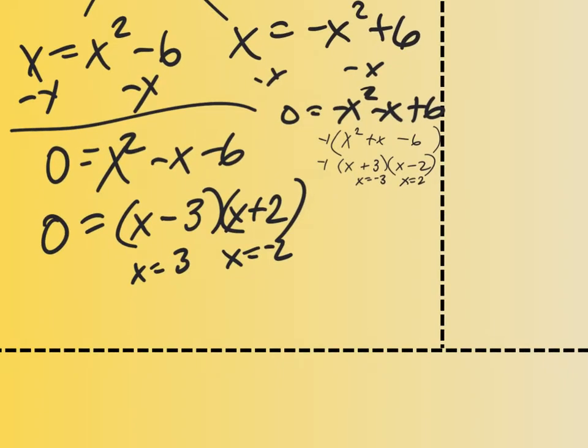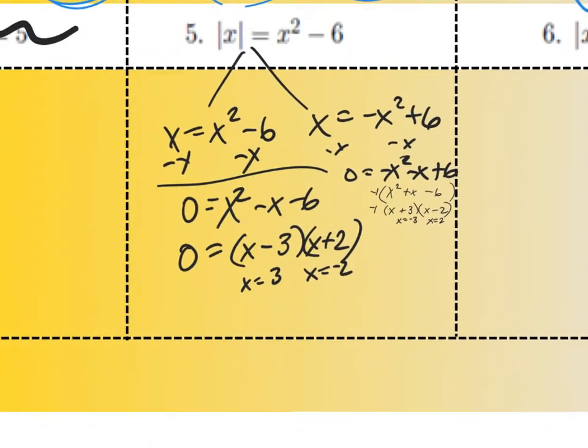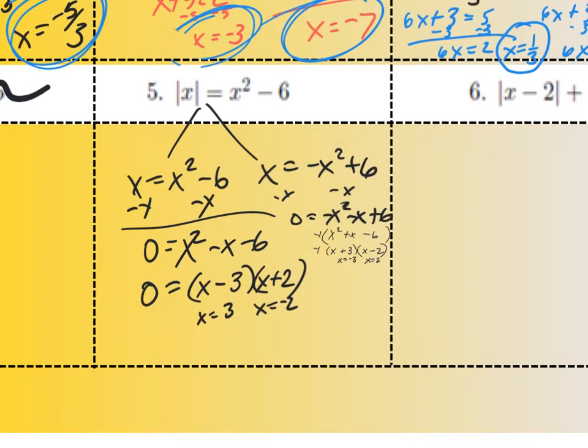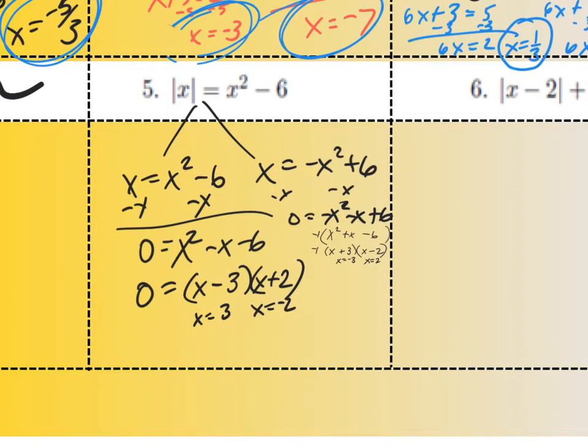So wait a minute. You're saying there's 4 answers to this? Could there be 4 answers to this? I want you to look at what the graph would look like. And then I want you to tell me whether you think there's 4 answers to this.